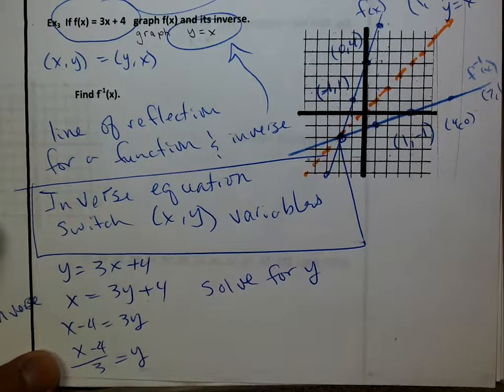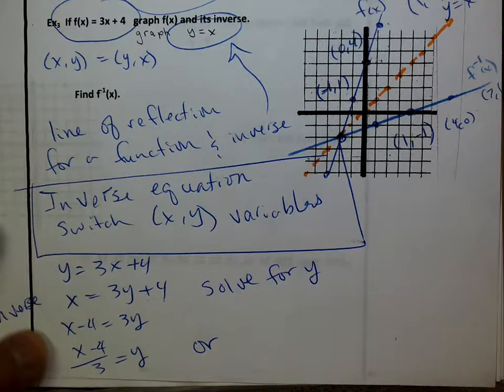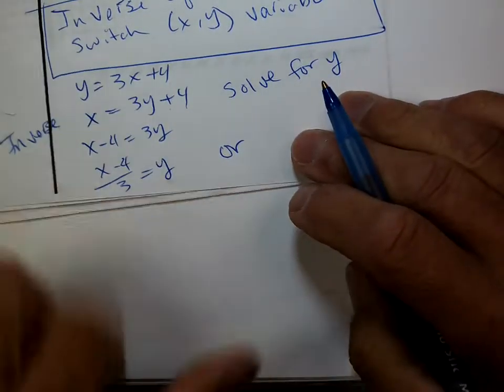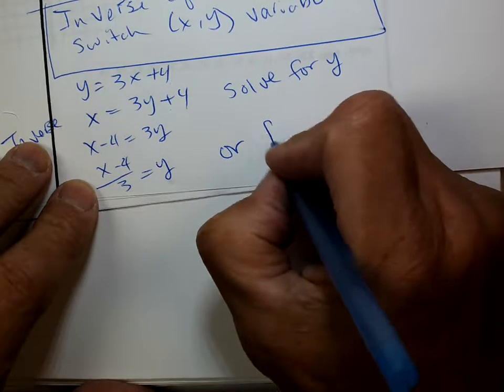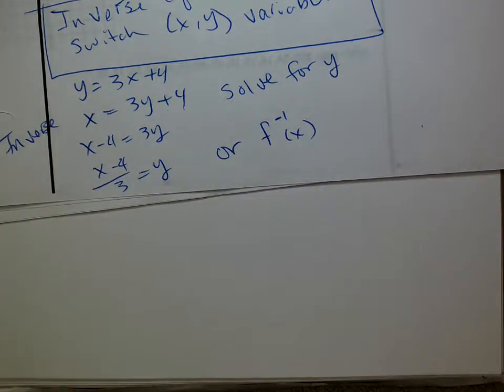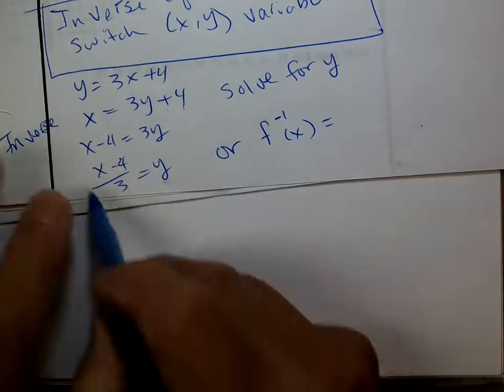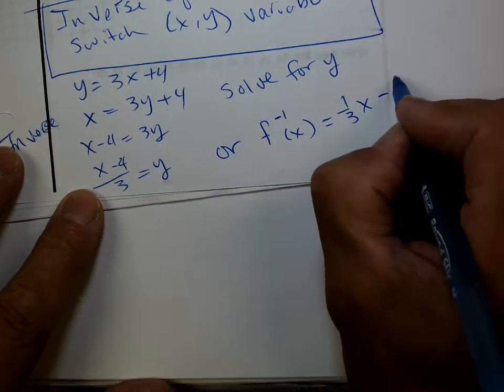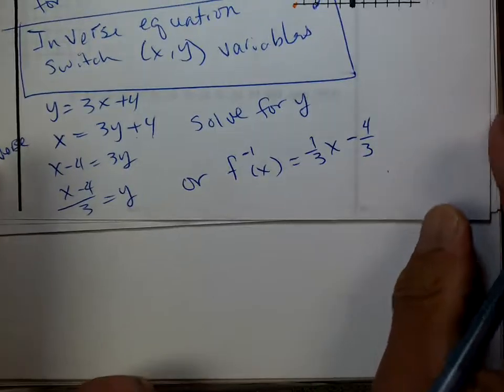That's the inverse equation. Or another way to write this is f inverse of x, which represents my inverse, is equal to 1/3 x minus 4/3.